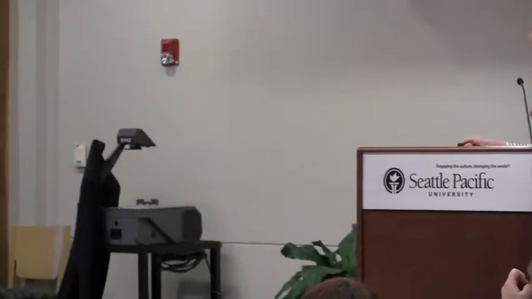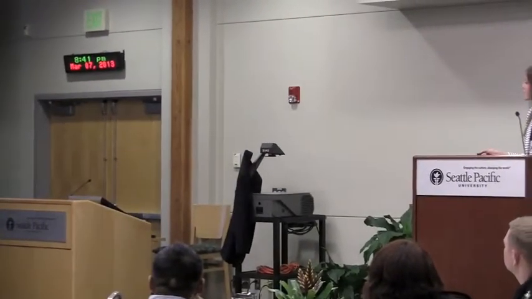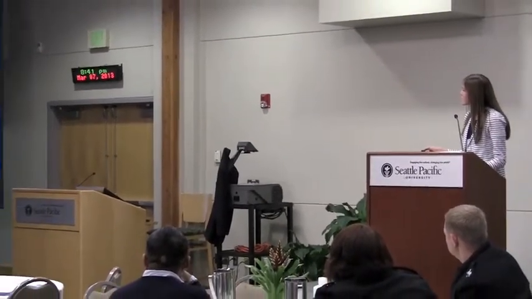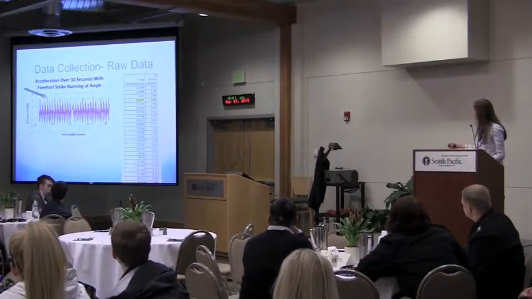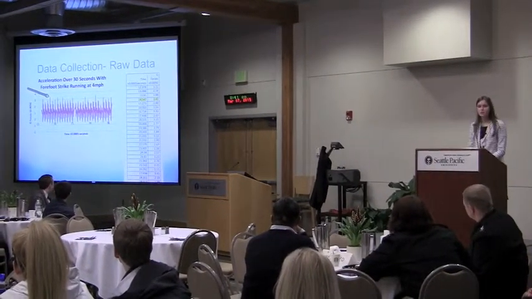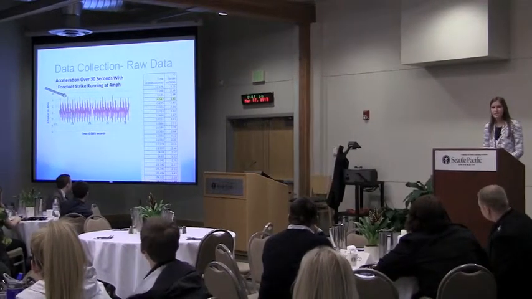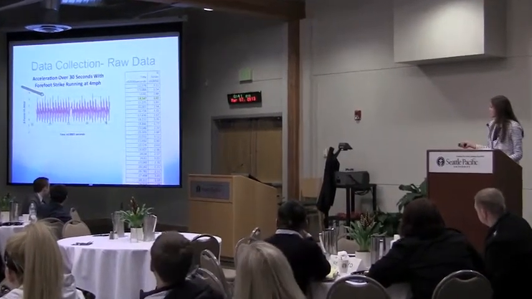You showed a slide that had the raw data on it, and right in the middle, it kind of looked like the cadence changed a little bit. Yeah, this one right here. So the question was, what was the inconsistency, or why did the cadence change here?